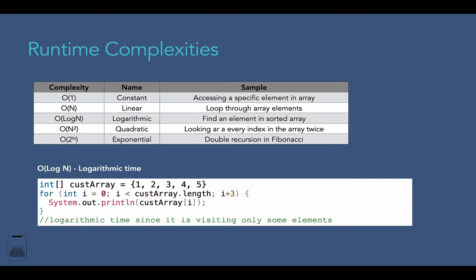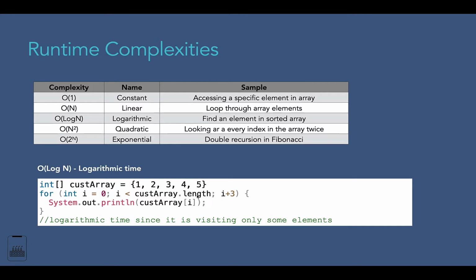Now the next time complexity is logarithmic time complexity, which is also called O(log n) time complexity. This complexity refers to an algorithm that runs in proportion to the logarithm of the input size. If you look at this code, we are logging numbers until the array length is reached. However, we see that in our function, we are logging numbers at a certain interval.